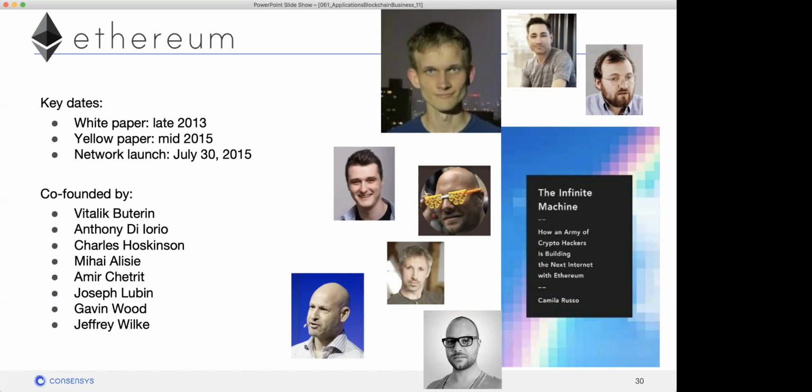Some of these people are finance people, some of them are more business people, and some of them are software developers and software researchers. And The Infinite Machine is actually a book that's come out relatively recently, which again helps you work through the story of Ethereum in the early days.